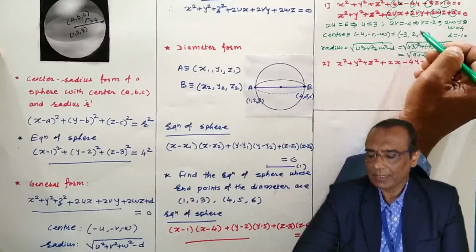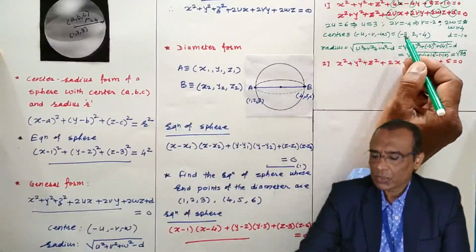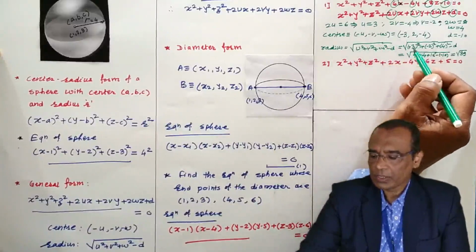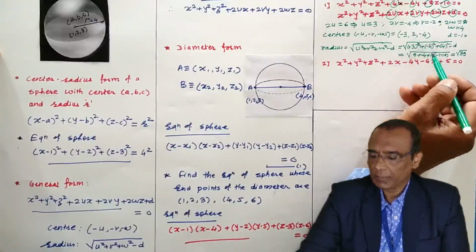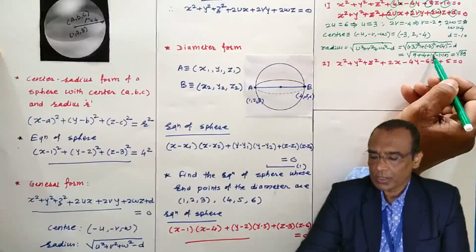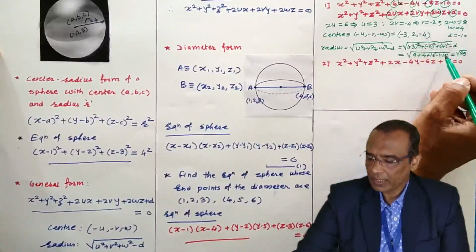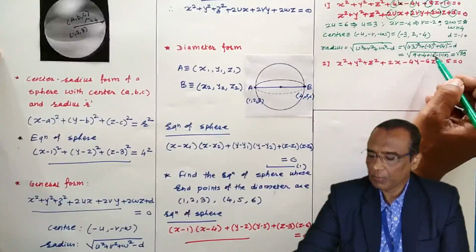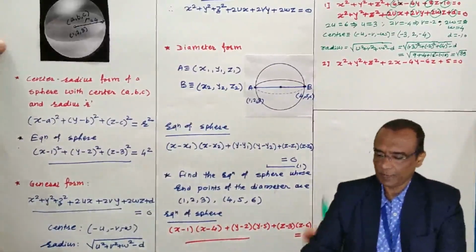In this way you can directly write the center, and the radius you can directly write: the square of the first element is 9, the square of the second element is 4, the square of the third element is 16, minus of d, where d is minus 10 here, and minus minus will be plus, so 20, 29, and root of 29 is the radius of the sphere.